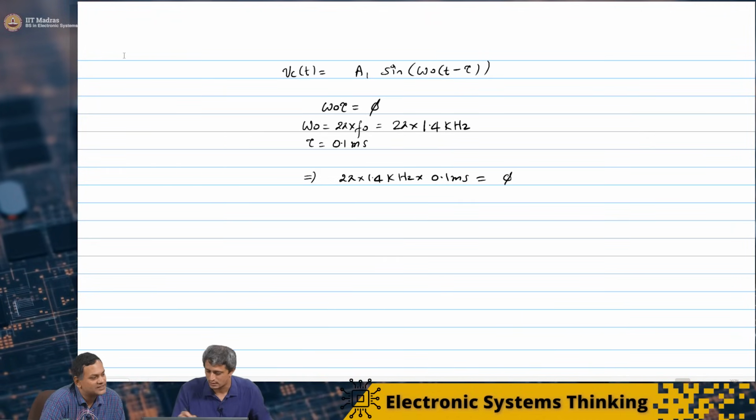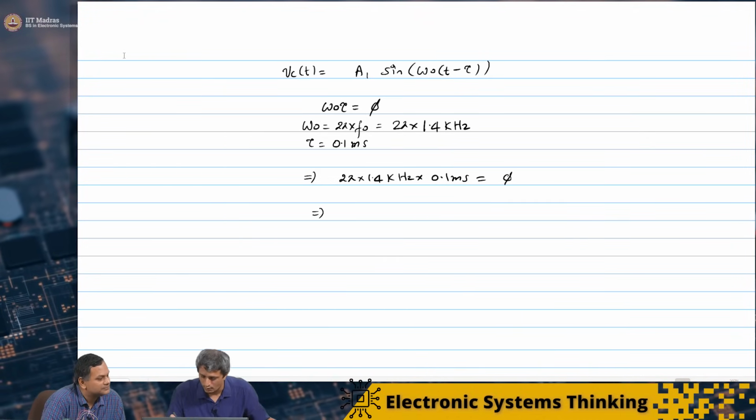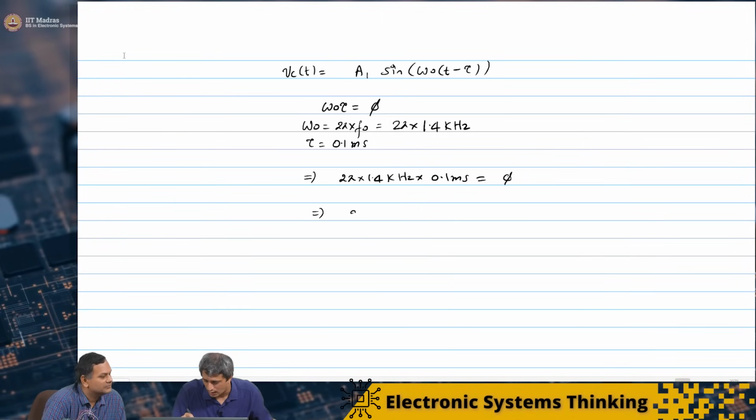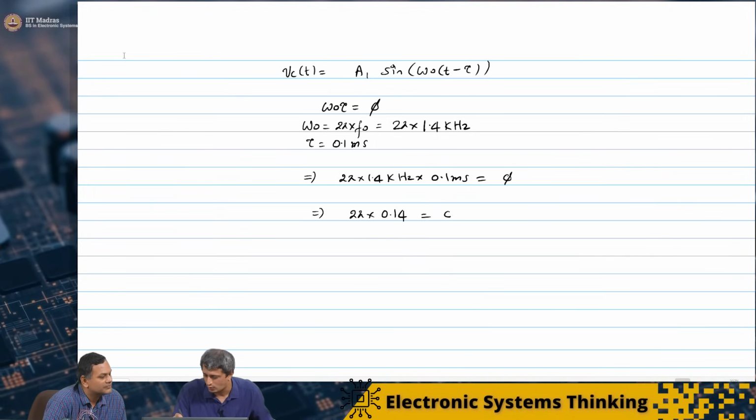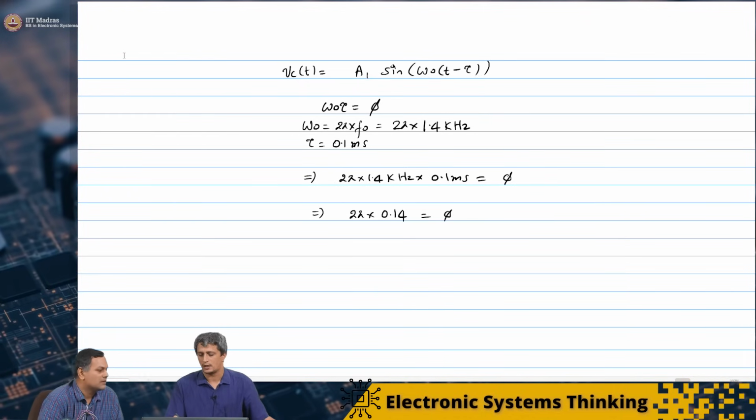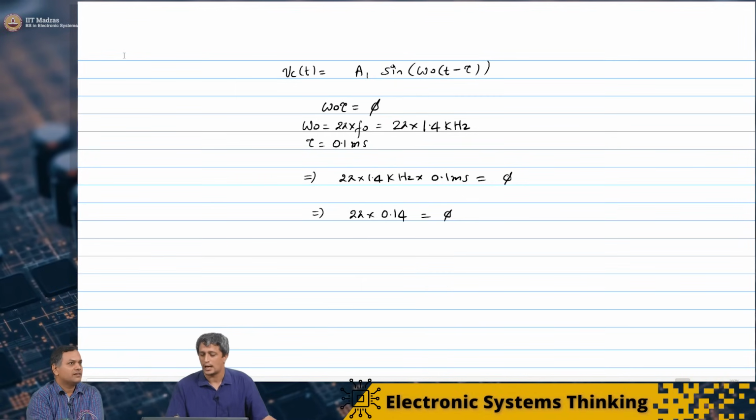Therefore, what do we get? 2 pi into 0.14 equals phi. So 6.28.